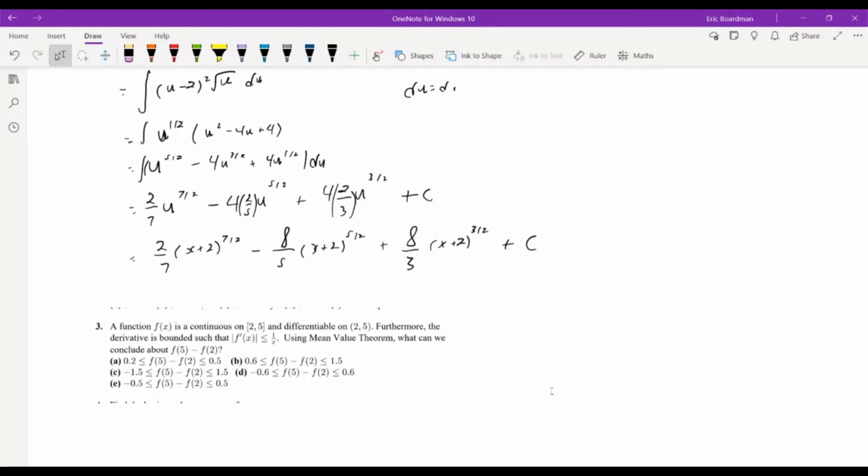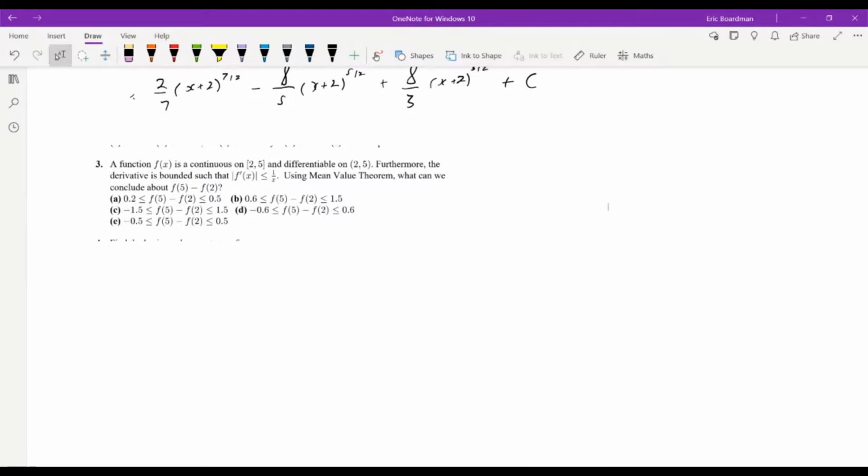Okay. So, the absolute value of the derivative can't exceed 1 over x. If I call this m, the average slope over the interval, that'll be f of 5 minus f of 2 over 5 minus 2, which is just 3.